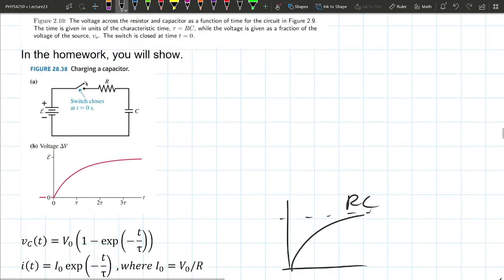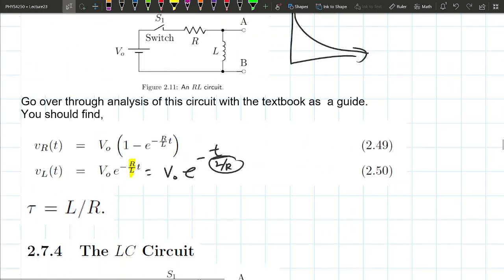So for an RL circuit, a resistor inductor circuit, the thing that's underneath t is L over R. So this is the characteristic time for charging an inductor, L over R. If you do the unit analysis here, the units for inductance divided by the units for a resistor, you also end up with time, which is kind of neat.